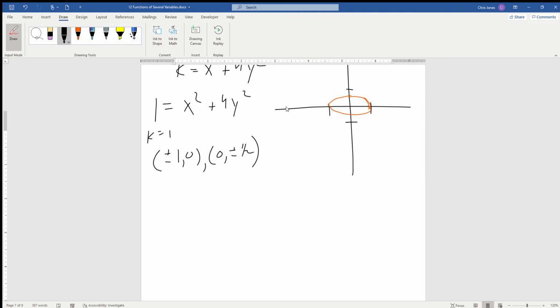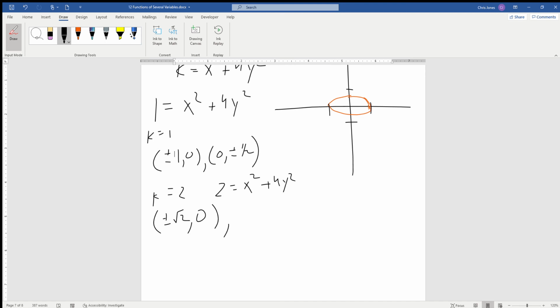So if k is equal to 2, then we have the points, if y is 0, 2 equals x squared plus 4y squared, excuse me. So we have plus or minus root 2, comma 0.